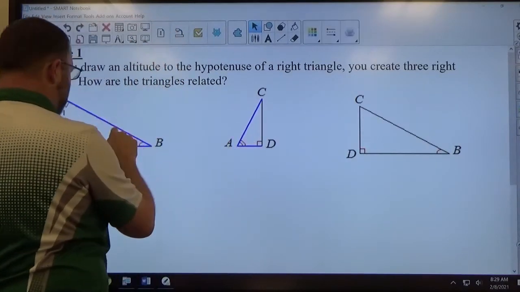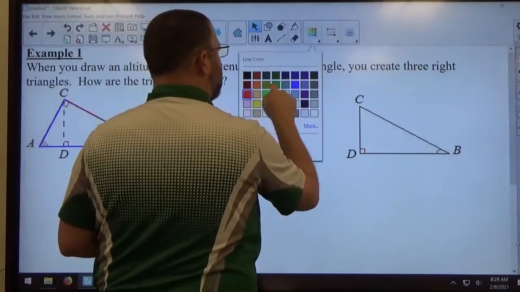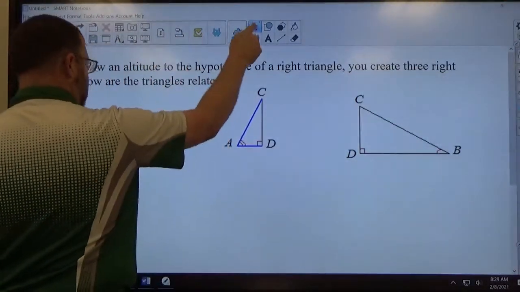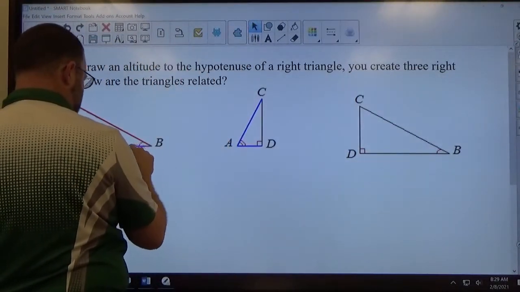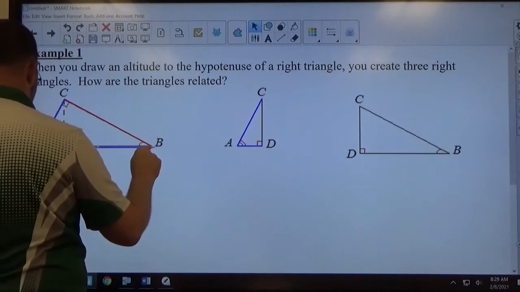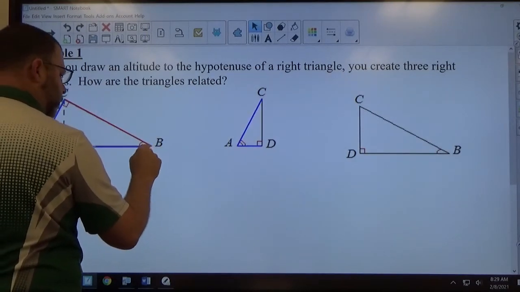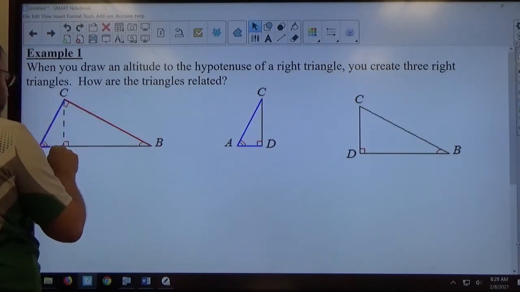Let me just change this color to red. I need to align my board again. I'm getting very accurate on that.